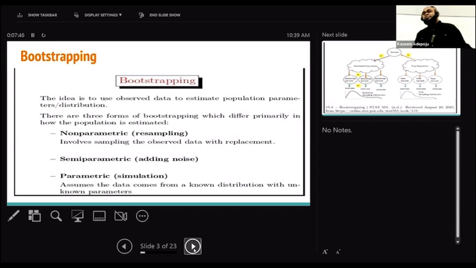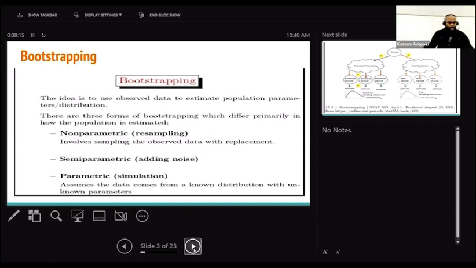When n is greater or equal to 30, we should be fine. But what if in a situation where the sample size is small, then we cannot trust our standard error anymore. We cannot trust the confidence interval that we construct using the conventional method. We cannot trust the hypothesis testing that we conduct using the conventional method. And that is the reason why we need bootstrapping.